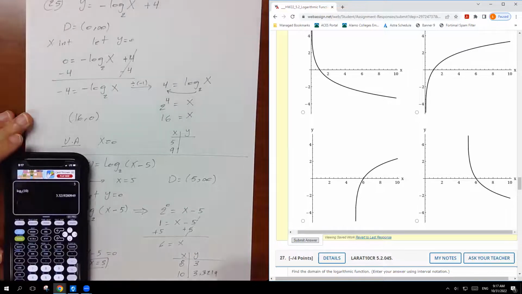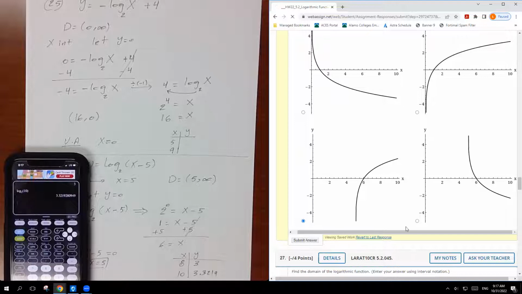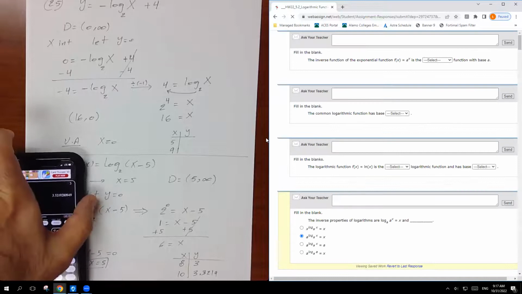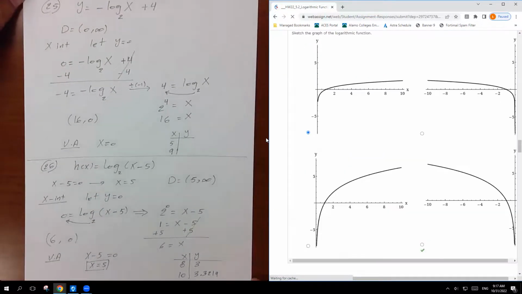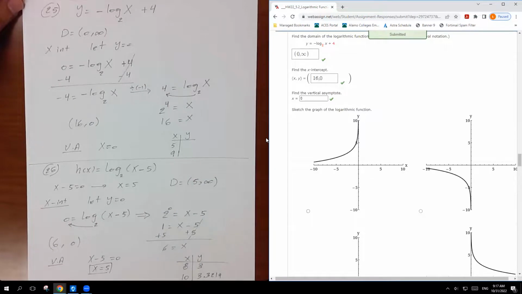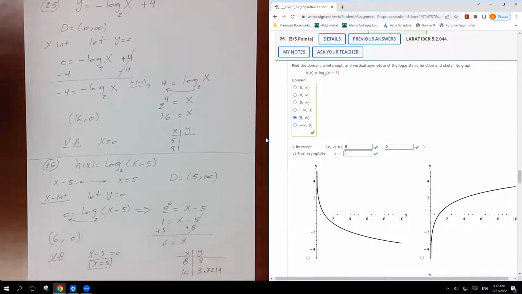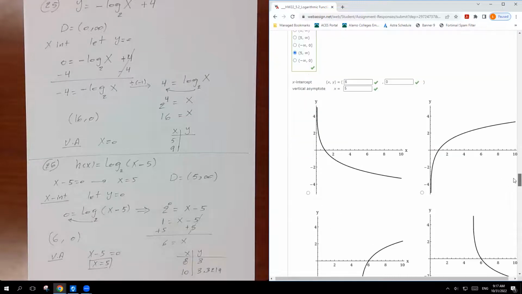That means if I plug in these two numbers here, the result is going to be positive. In this case, this is the right one, not this one. That's how we're going to choose, by finding the x-intercept, the y-intercept, and the vertical asymptote to locate which one is going to be the right one. And then the last thing, you have to pick 2 points from the graph, from the x coordinate, and find the y.